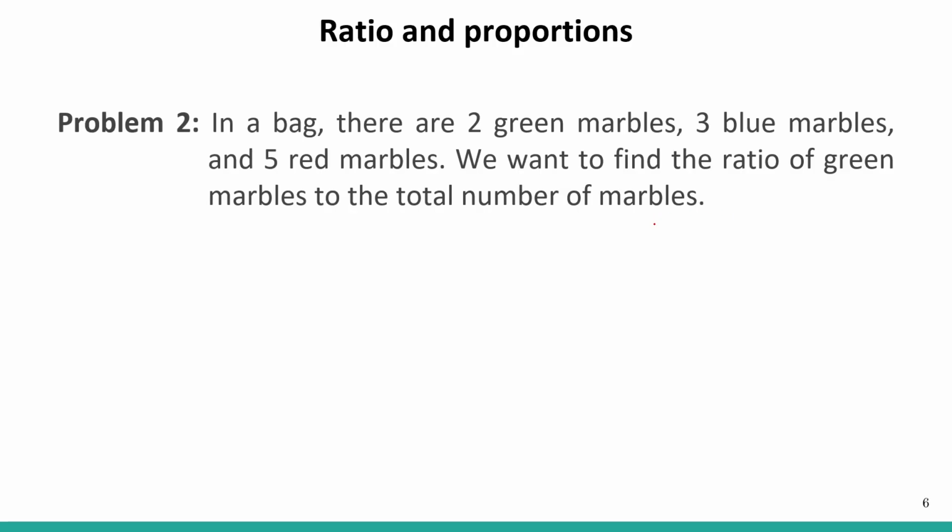So let's see problem number 2. In a bag there are 2 green marbles and 3 blue marbles. So there are different kinds of marbles in terms of color, and also there are 5 red marbles.